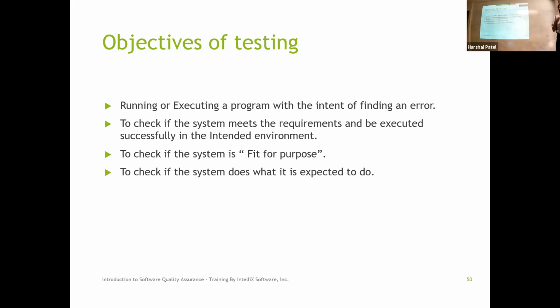But is it fit for use? Is it something that you as a user would like to use? Is it going to meet your goal? As you get into more web-based systems, you always check whether it's fit for the purpose. Is it going to meet what I'm looking for, whether it's the operating environment or the performance and so on?